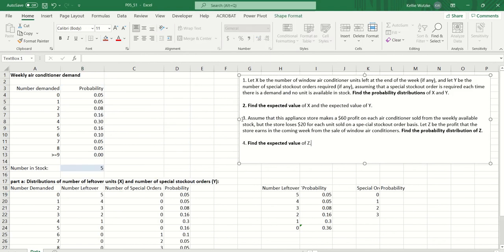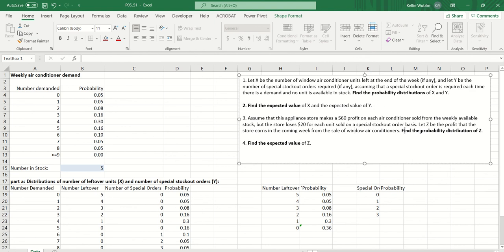Okay, the next part of our question says to assume that this appliance store makes a $60 profit on each air conditioner sold, but loses $20 for each unit sold as a special stockout order. Z is the profit that they earn in the coming week from the sale of window air conditioners.